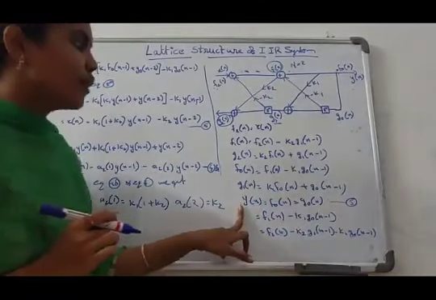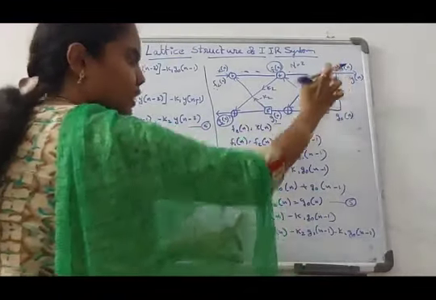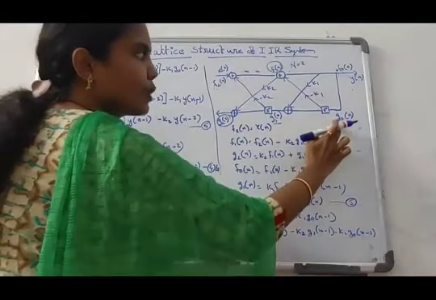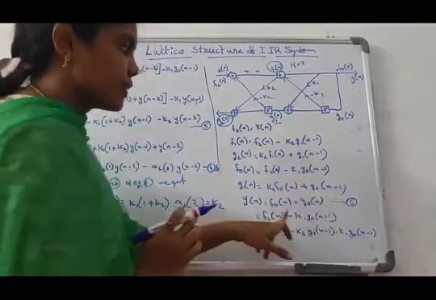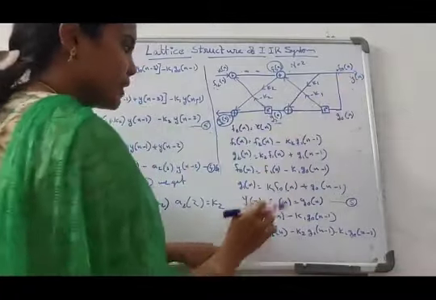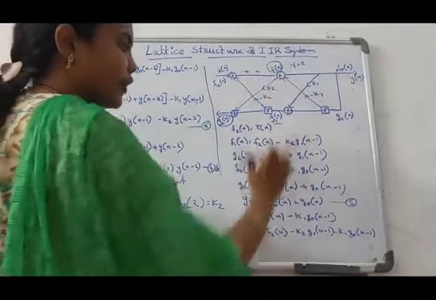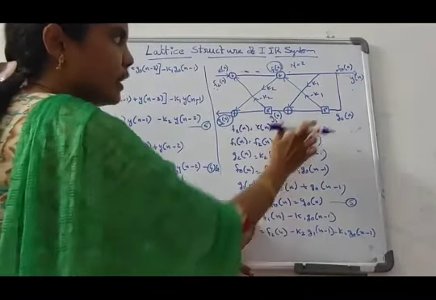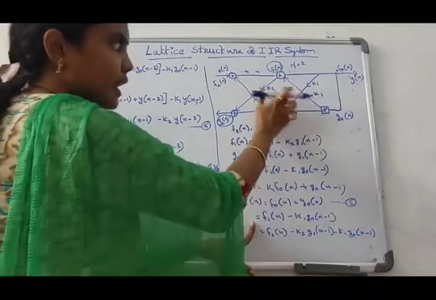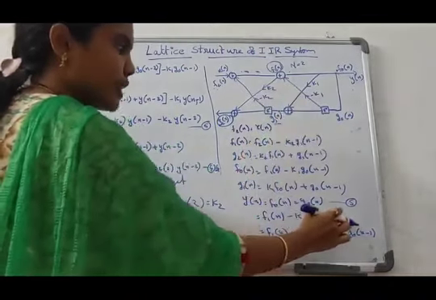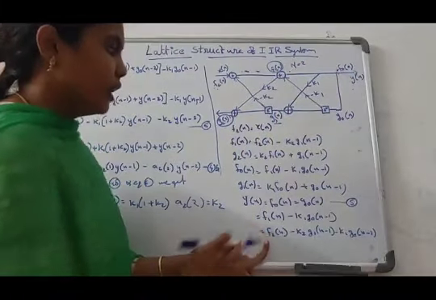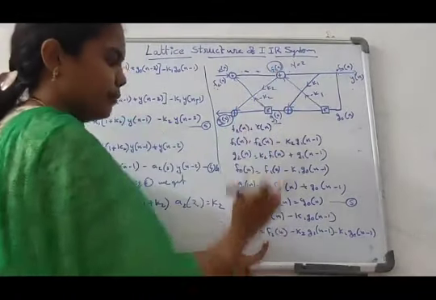Now y of n is equal to what? F0 of n, which is equal to G0 of n. So this can be written as y of n is equal to F1 of n minus K1 into G0 of n minus 1. Now how to get F1 of n?